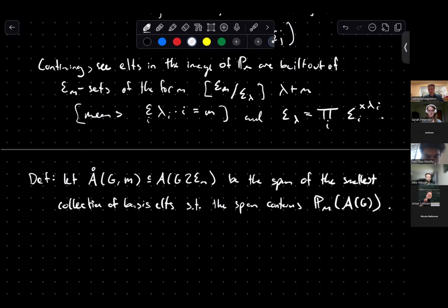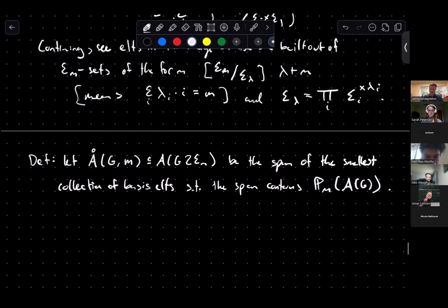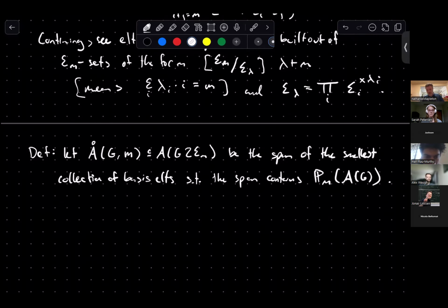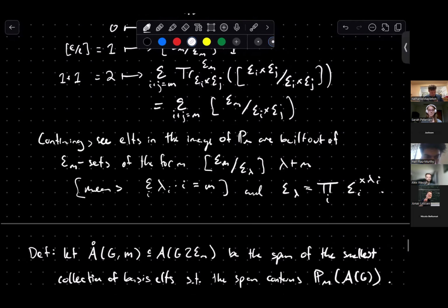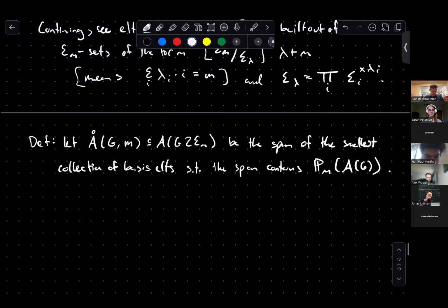And what I've tried to do is convince you that that's smaller than all of the Burnside ring of G wr sigma M, which I think this thing above at least is convincing for G trivial.